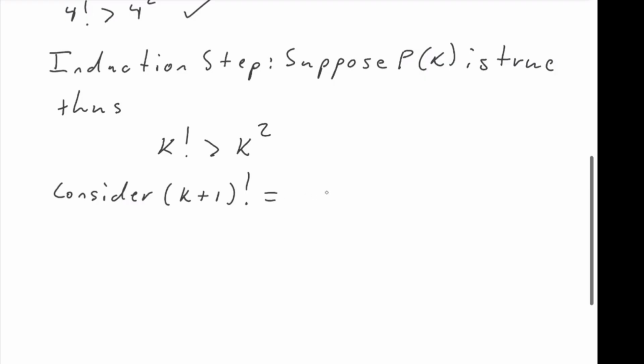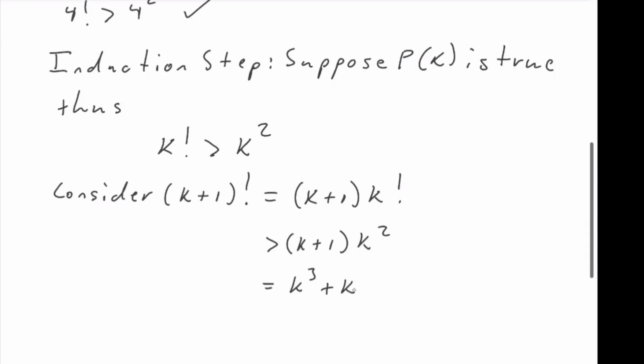So by definition, k plus 1 factorial is equal to k plus 1 times k factorial. And we know this is going to be bigger than k plus 1 times k squared, because we know k factorial, by assumption, is bigger than k squared, which is equal to k cubed plus k squared.